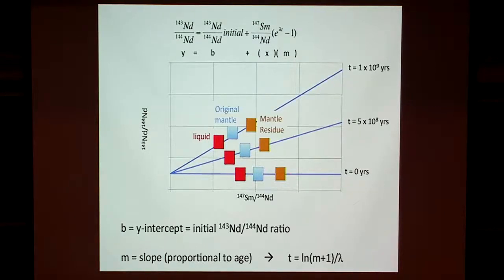But remember, in the rubidium-strontium system, the parent-daughter ratio, rubidium-strontium, is higher in the liquid and lower in the residue. So it's flipped. Okay? And everything else applies. You can calculate an age from the slope, and you can back out what the initial neodymium isotope ratio was.